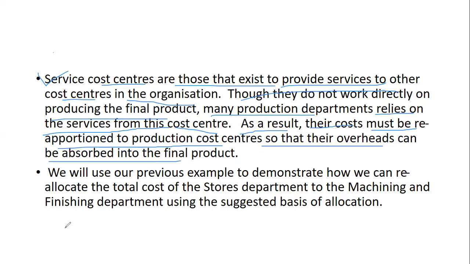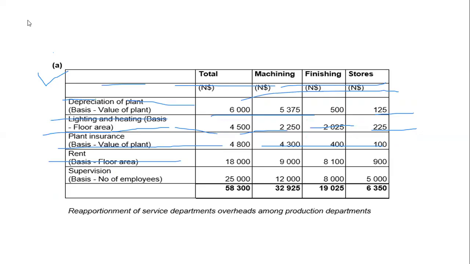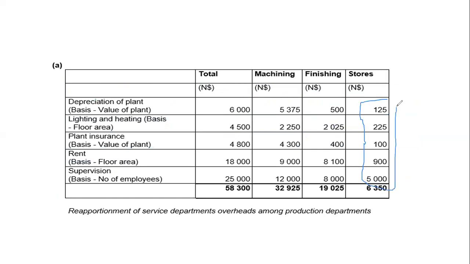Now, what we should do when we do the reapportionment of overheads is that the overheads that were apportioned to the service department, which is this overheads here, we must reapportion to the production departments.